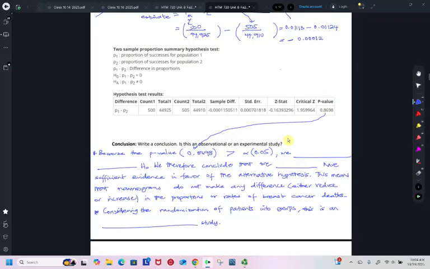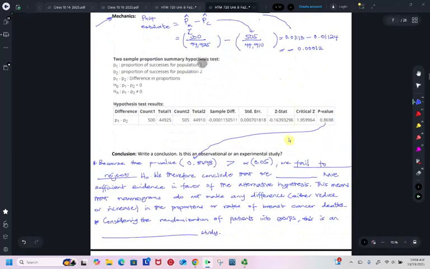Recall the decision rule. When your p-value is greater than alpha, we fail to reject the null hypothesis. And if we're failing to reject the null hypothesis, that means the null hypothesis is the one who won this battle. And that means we do not have sufficient evidence for our research or test hypothesis, namely the alternative hypothesis.